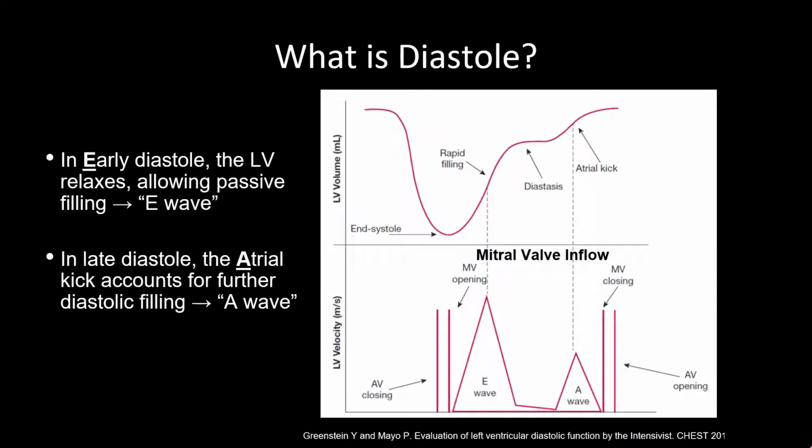And since there's no flow, there's no velocity across the valve. Finally, in the third or late phase of diastole, the atrial kick accounts for more LV filling, depicted here as the A wave. Together, the E and the A wave make up what we call the mitral valve inflow pattern, and this forms the basis of diastology assessment at the point of care.